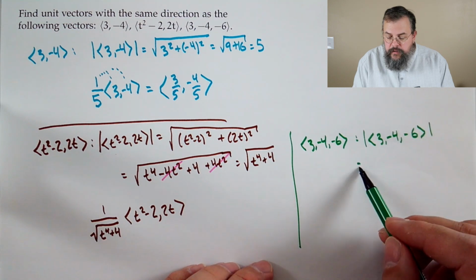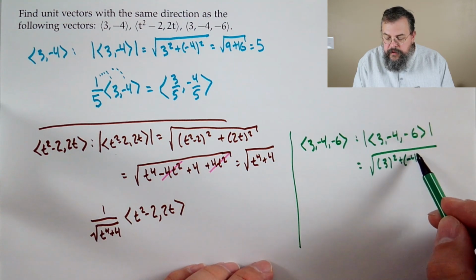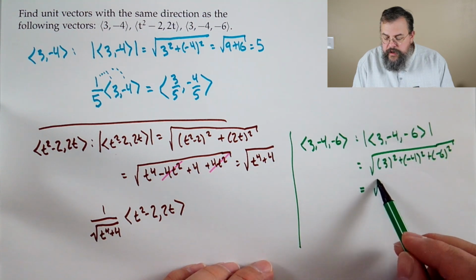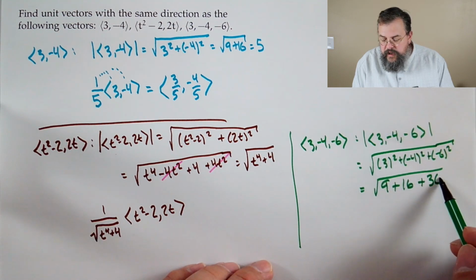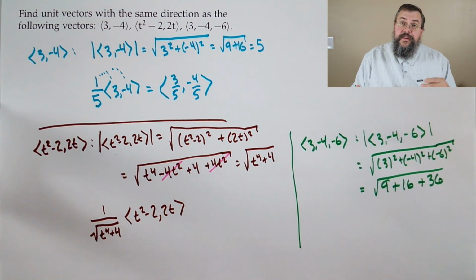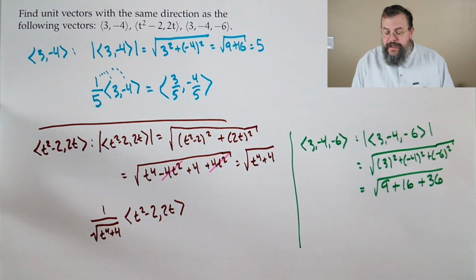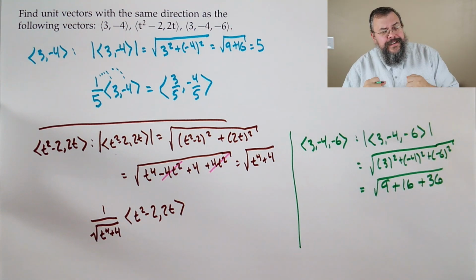Well, that'll be the square root of 3 squared, and -4 squared, and -6 squared, which is really the square root of 9 plus 16 plus 36. Well, 9 plus 16 is 25. We just kind of did it a few minutes ago. 25 plus 36 makes 61.